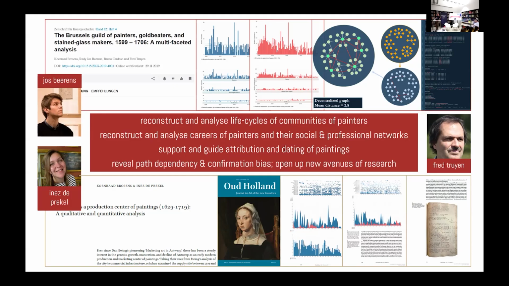So people that were basically, based on the archival records, doing very similar things apparently, and were equally successful or unsuccessful. And then suddenly you can redirect connoisseurs to other painters that have never been studied that much.